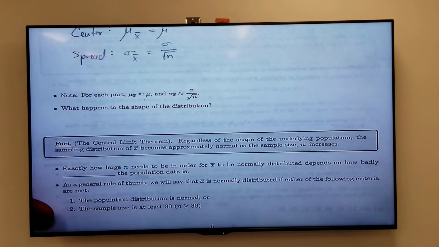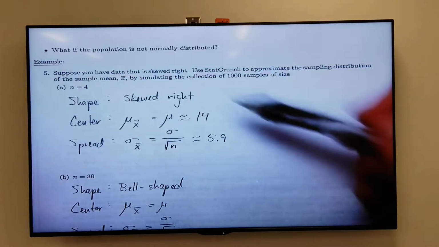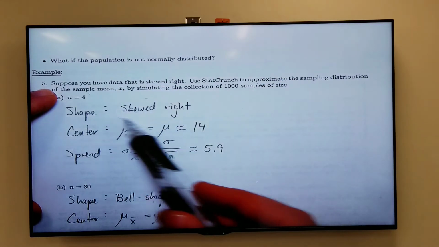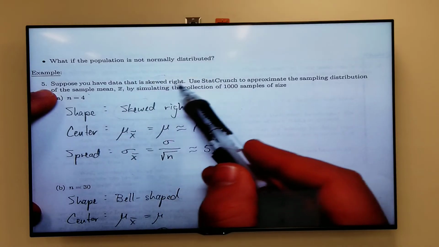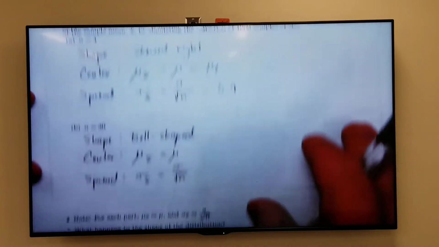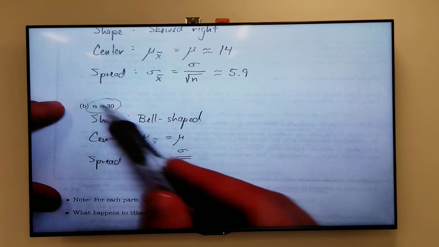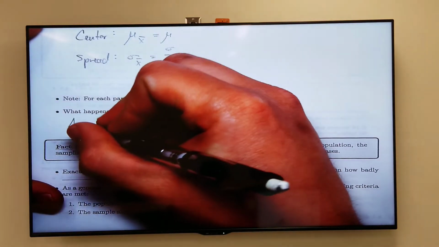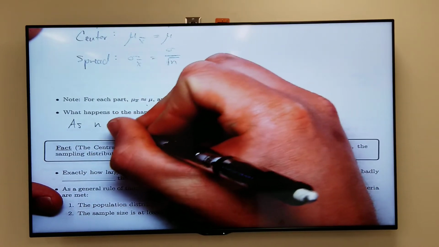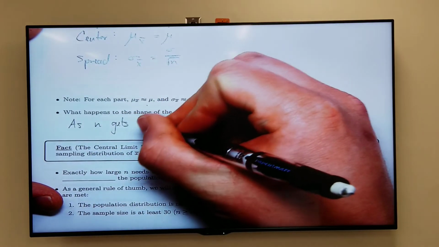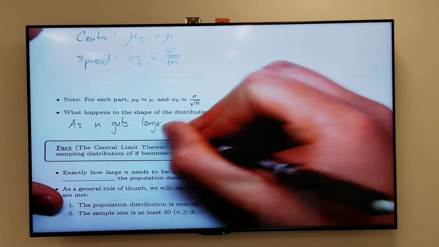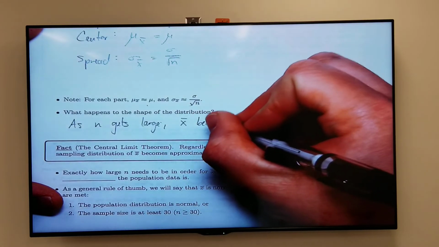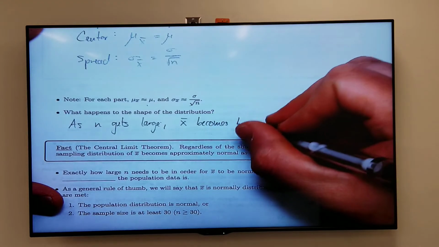What happens to the shape of the distribution? When our sample sizes were small, the shape was still the same as the shape of the underlying distribution, skewed right. But when n got larger, the shape became bell-shaped. So as n gets large, x bar becomes bell-shaped.